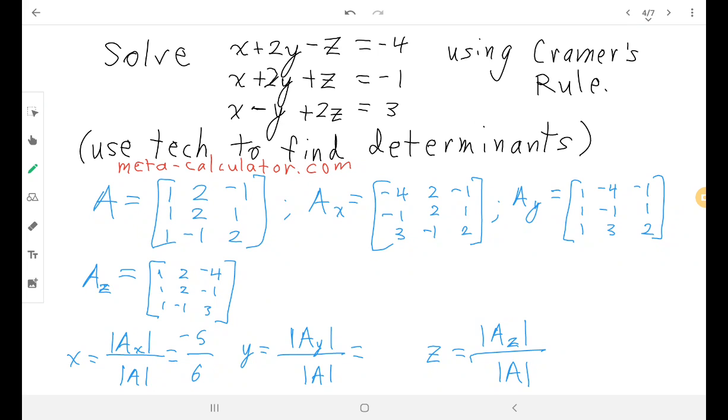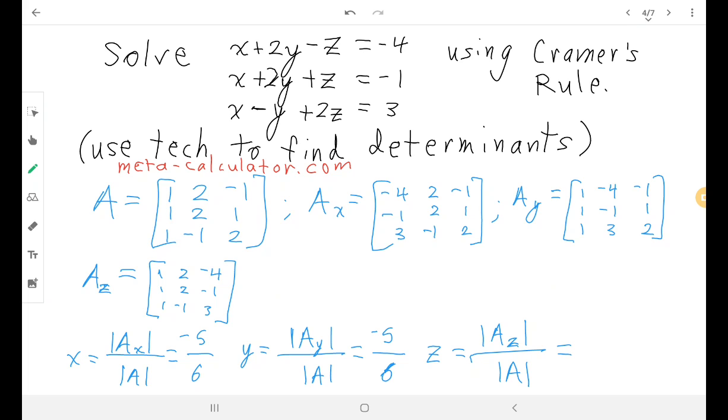So that'll be 1, negative 4, negative 1, 1, negative 1, 1, 1, 3, 2, and I'll find the determinant of matrix A sub y again, and that will be negative 5. Just so happens that it's the same answer. That's just a coincidence. And the determinant of matrix A I already have, so 6.